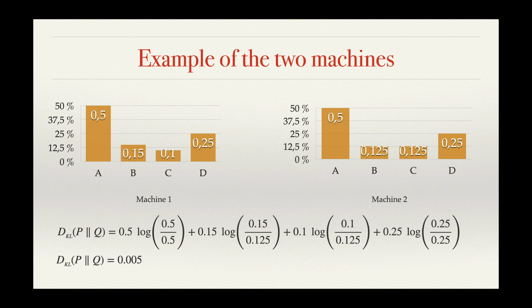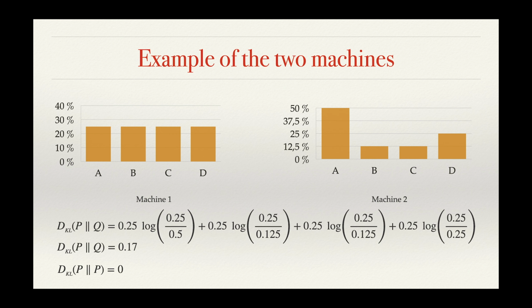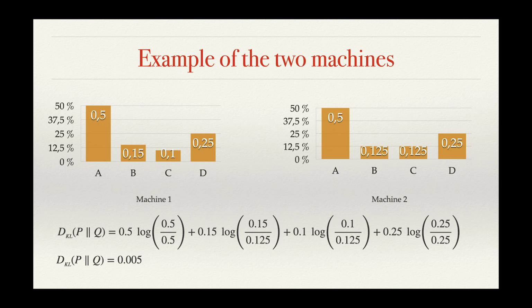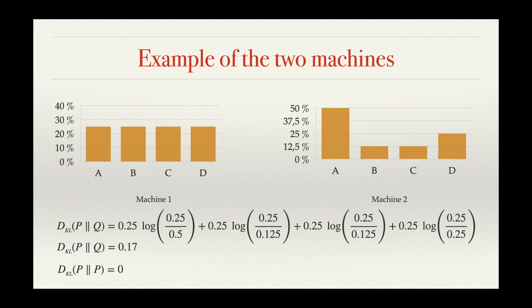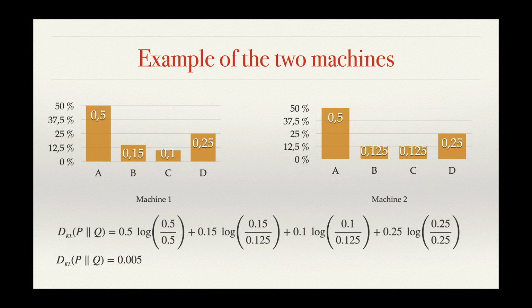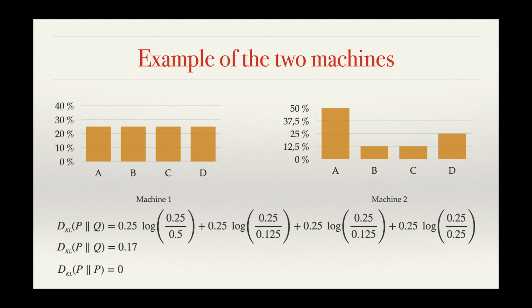Now if we estimate the divergence between different distributions, I just changed machine 1 to be a bit more similar to machine 2, but instead of 0.125 and 0.125, I made it 0.15 and 0.010. So it is more similar than the one before, as you see. And the divergence tells us the same, because the divergence here is 0.005. It is not the same, but has a lower divergence than 0.17.